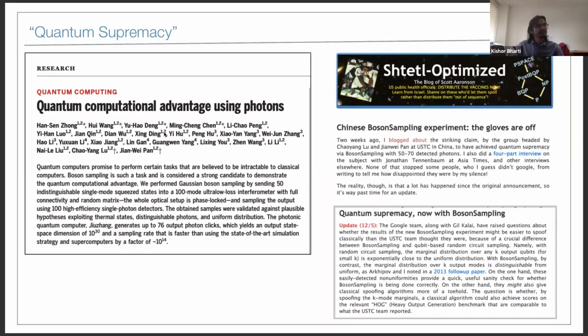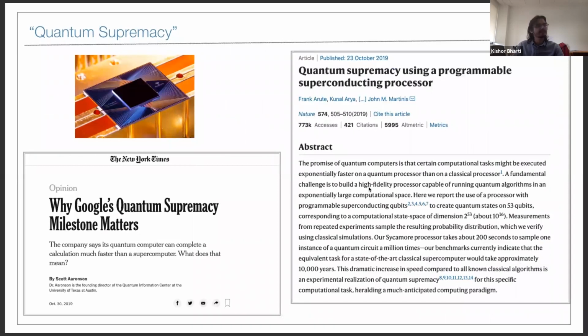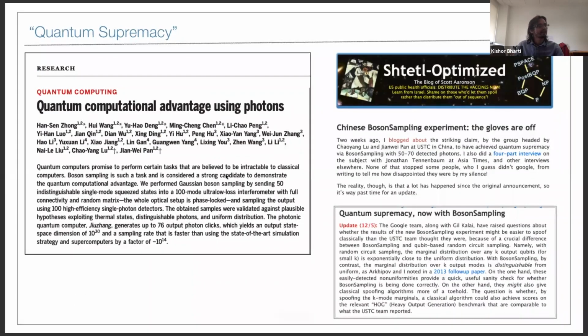For example, here it was something called the cross entropy benchmark. Similarly here, there is some other version of a benchmark involved, and we don't quite understand how difficult it is to spoof the quantum computational advantage shown by this experiment. Anyway, that's not the purpose of the talk.